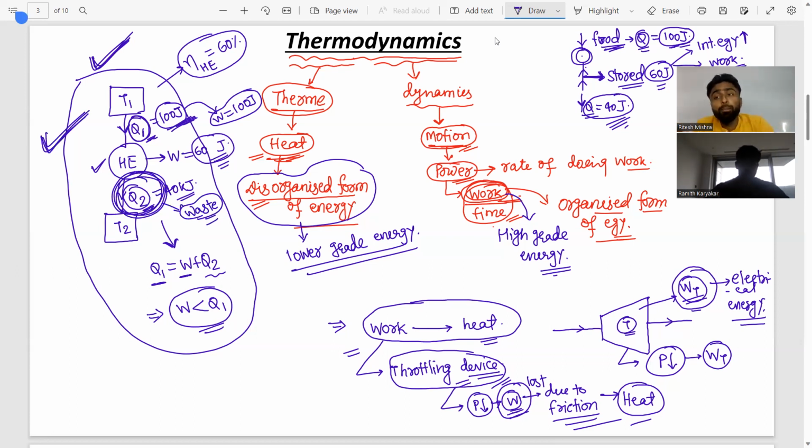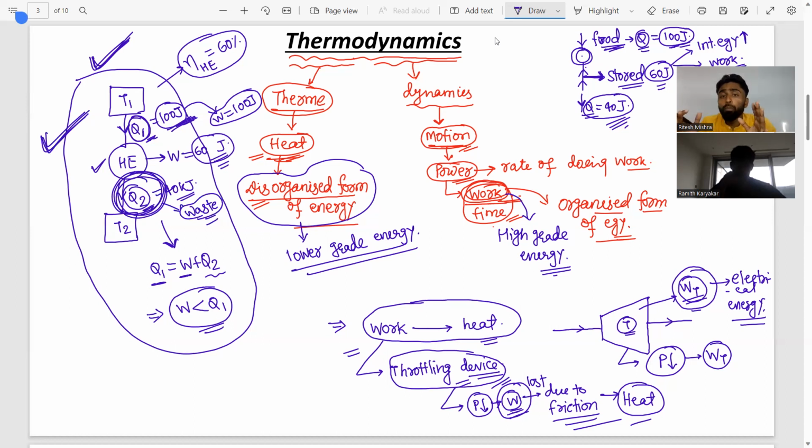So the basic aim of thermodynamics study is to convert disorganized form of energy into organized form of energy in an efficient manner. When I start the cycles, such as the Rankine cycle, Otto cycle or Carnot cycle, we will learn there that by different approaches we can easily increase the efficiency of the engine.